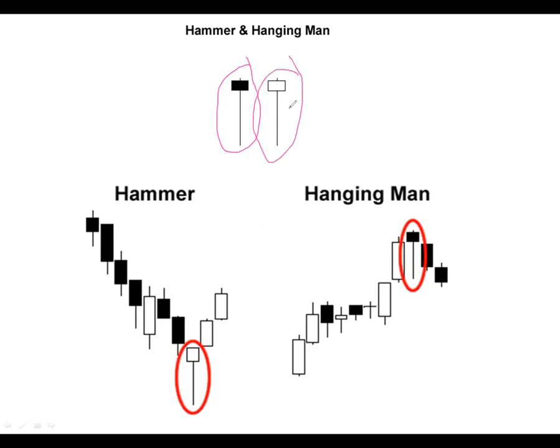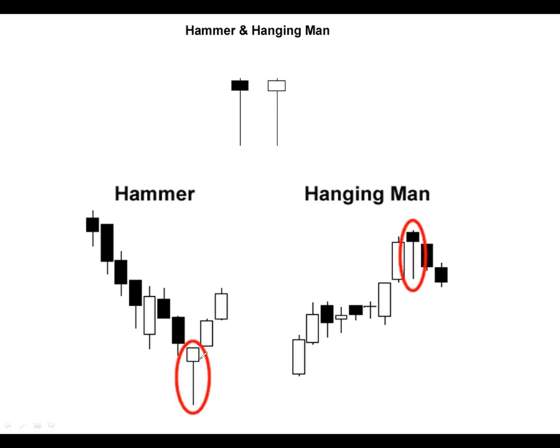This is also a doji candle. They are all dojis. One is white, which is bullish. One is bearish. So where we find them on the charts will change their name from just doji to a different name. Is that okay? So we have two doji candles. One is bullish, one is bearish.